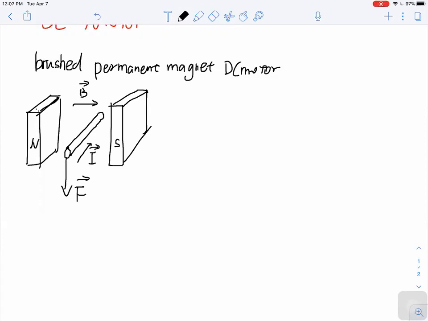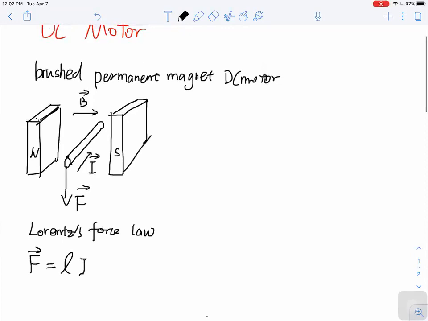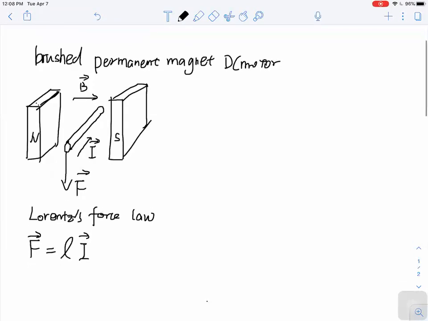And the relationship between F, current and B can be expressed by the Lorentz force law. And this is a basic rule for all electric motors. The force as a vector equals the length of the wire that is inside of the magnetic field times the current as a vector, cross product.